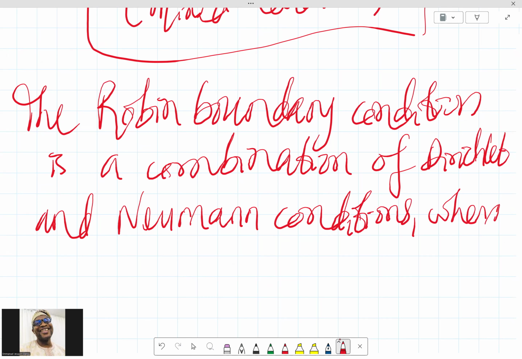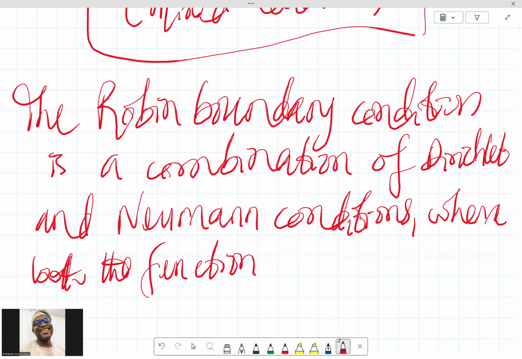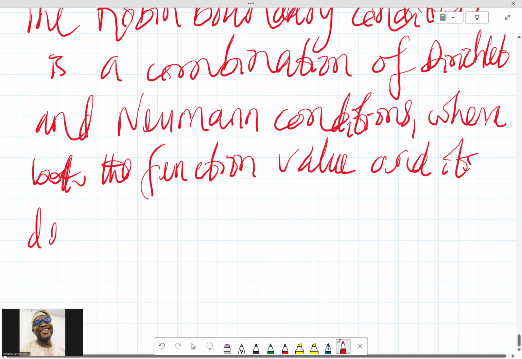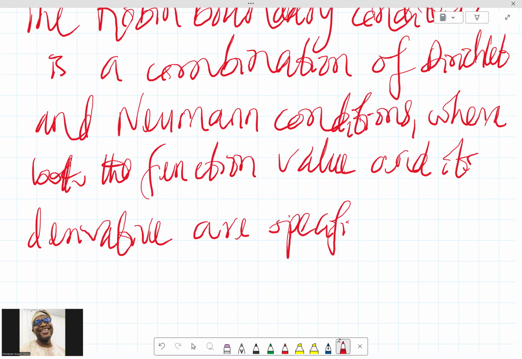where both the function value and its derivative are specified in a linear relationship.